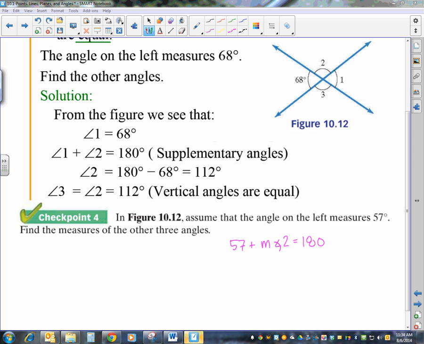So the measure of angle 2 equals 180 minus 57, which is 123 degrees. So that's the measure of angle 2, which is also the measure of angle 3, because those are vertical angles, and we already said the measure of angle 1 was 57 degrees, because it's equal to the one on the left that they gave you in the problem.